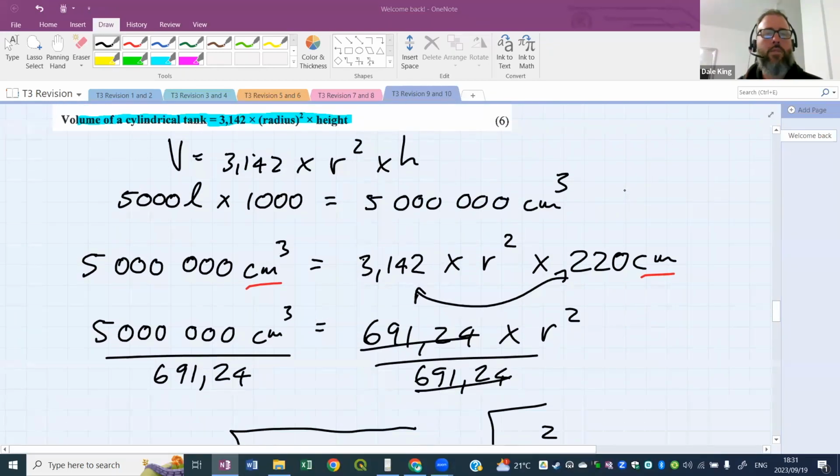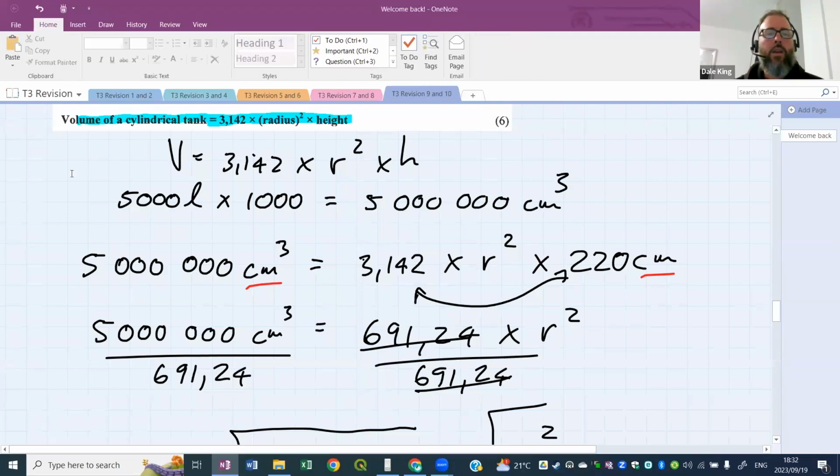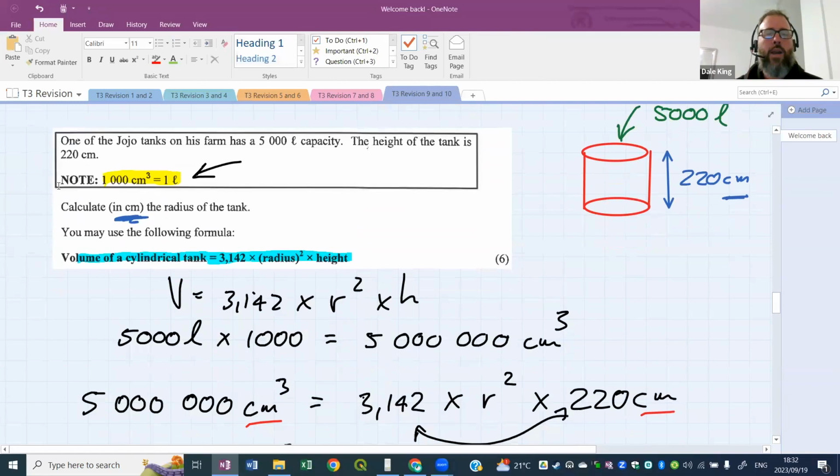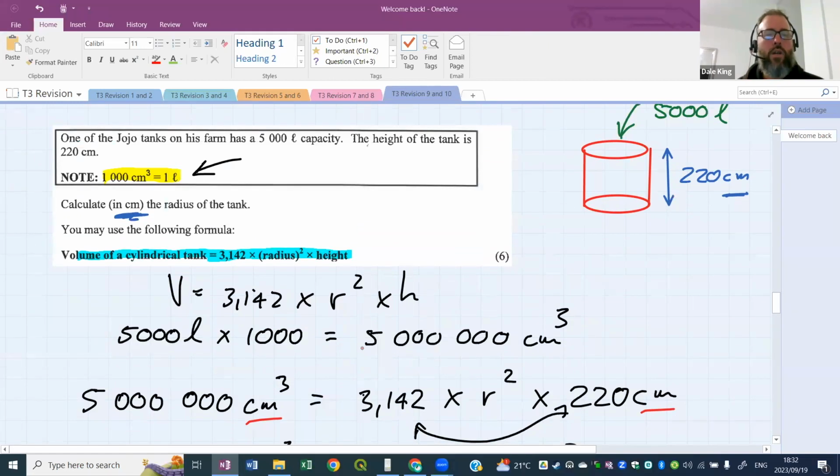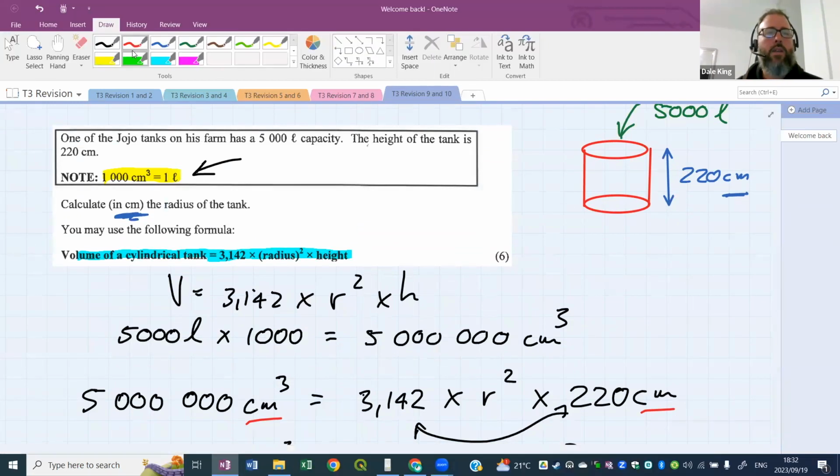All right, so let me just go over it one more time. We got given the formula, and they asked us to find the radius. So you write the formula out like I did over here and see, that's what I want, the radius. If I put in all the other numbers like the height and the volume, I can get radius out.